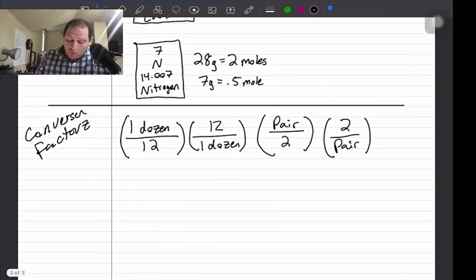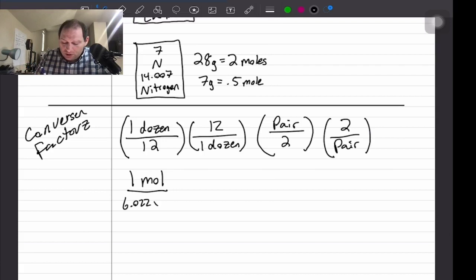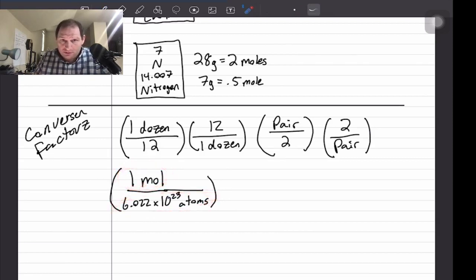If I have 1 mole, now I'm going to shorten it to just mol, because in chemistry we can be lazy. 1 mole is the same thing as having 6.022 times 10 to the 23 atoms. Same thing. This is the same thing as this. And these are going to help us out a lot, make our math easy.